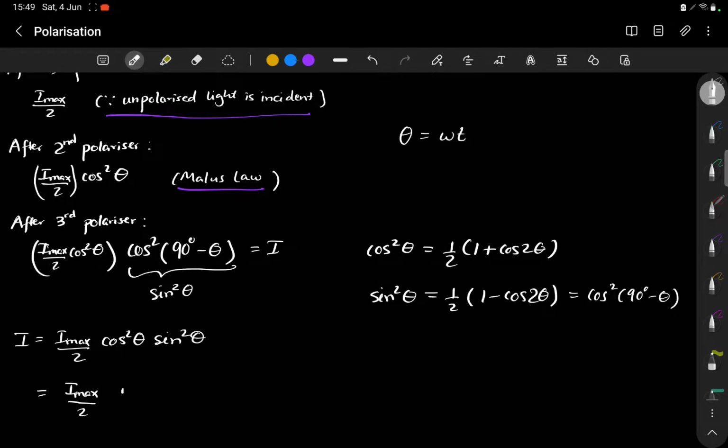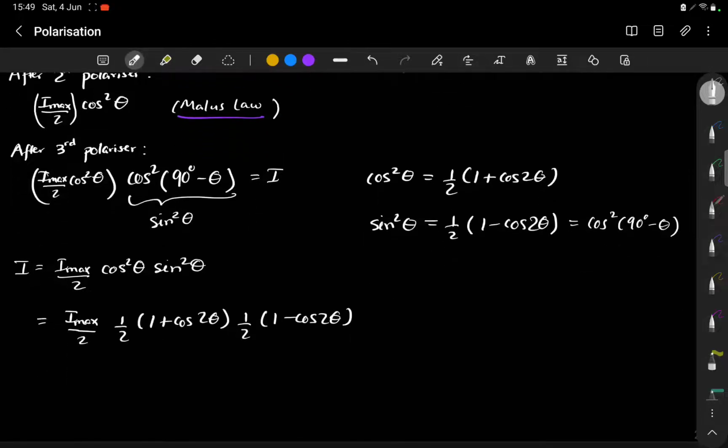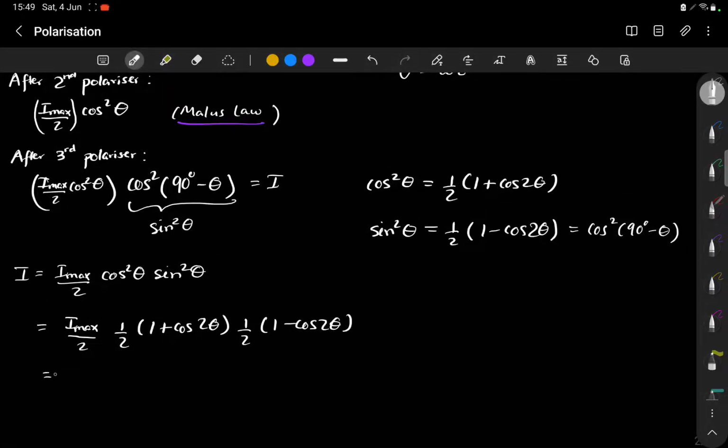Now we will plug in these trigonometric identities. Now 1 minus cos squared of any angle is sin squared of that angle.